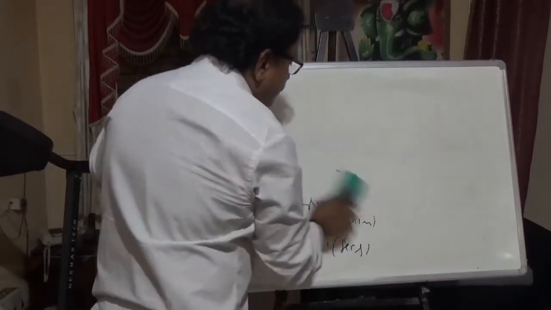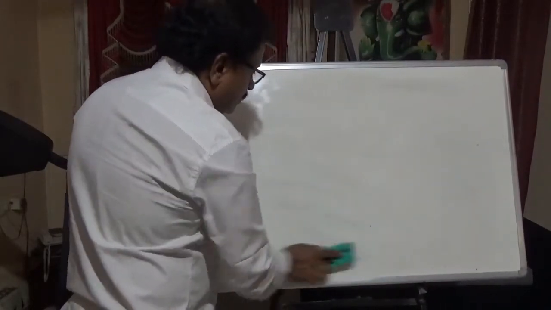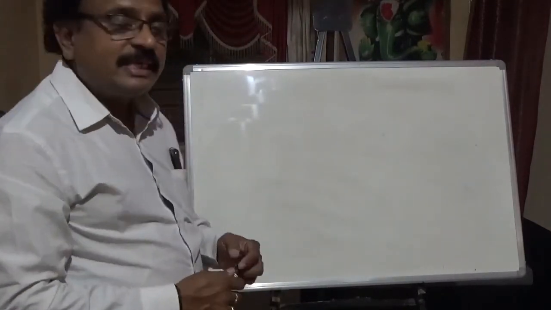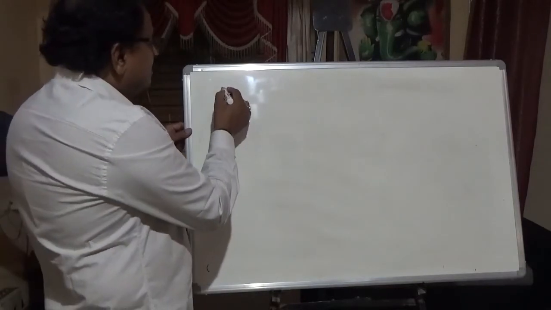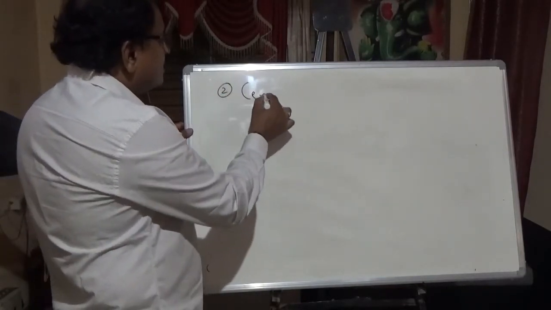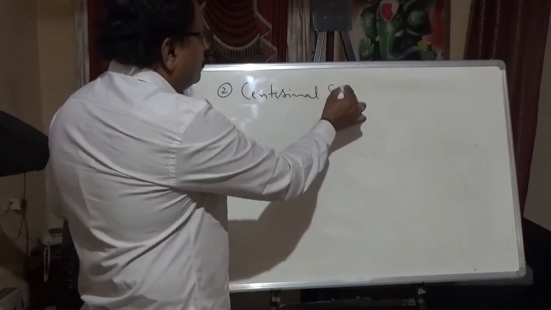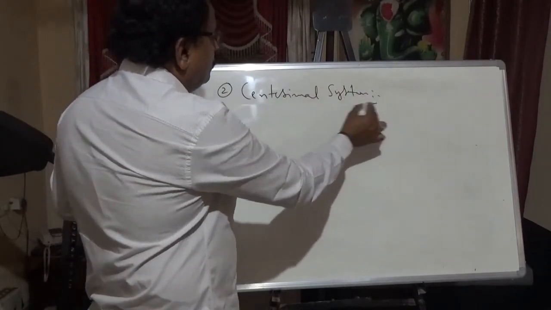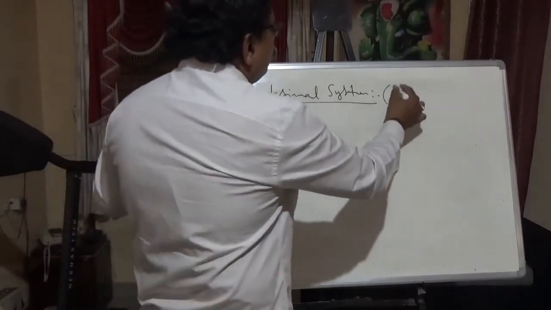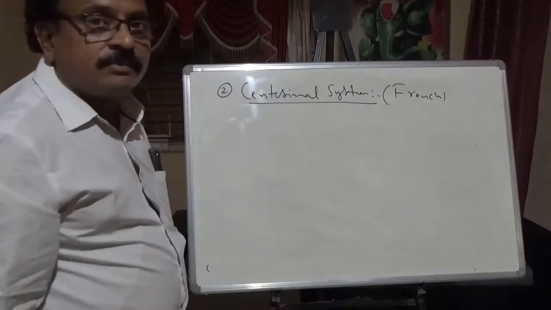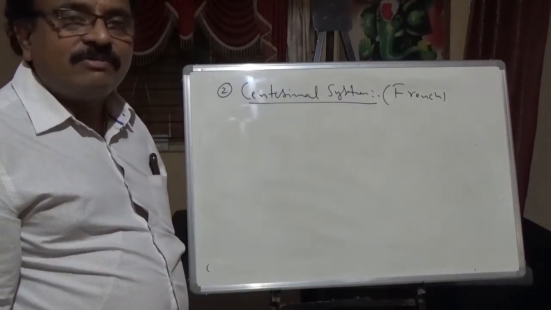The second system is the centesimal system, or French system.